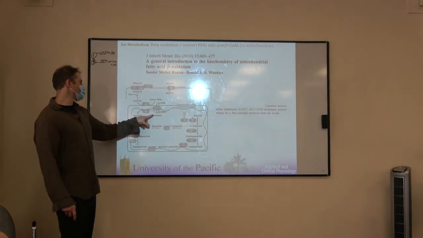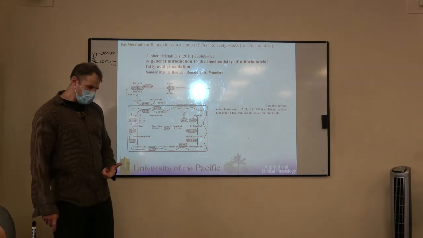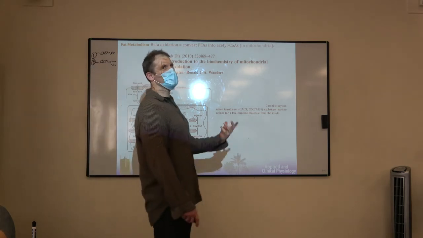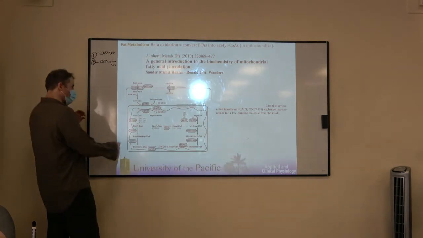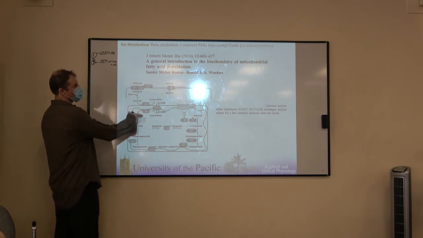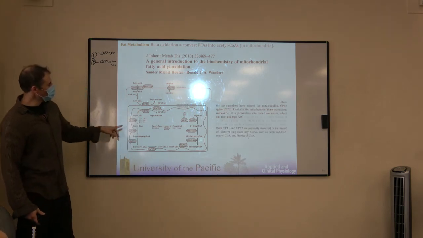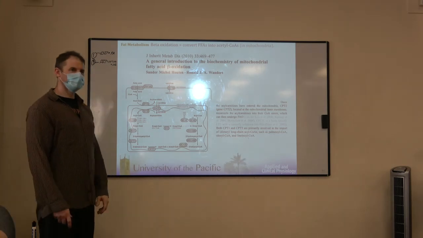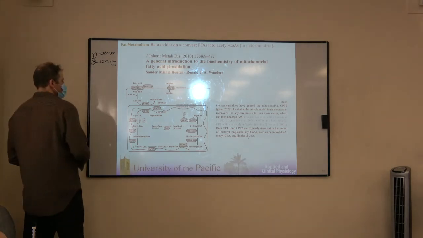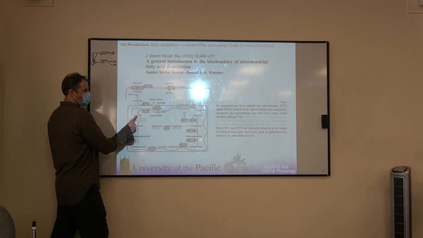Now we have our acyl carnitine, but acyl carnitine is not what we oxidize. We oxidize the acyl-CoA. So CPT2 removes the carnitine, and we free up that carnitine. So now we have free carnitine and an acyl-CoA.